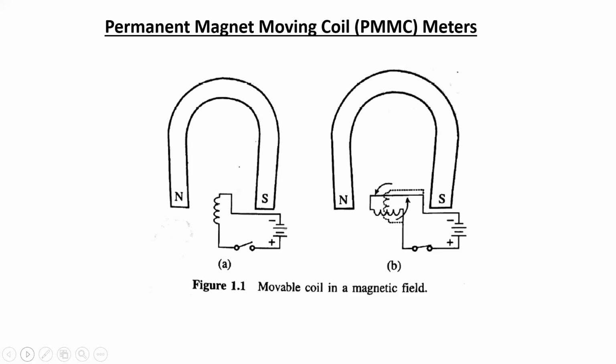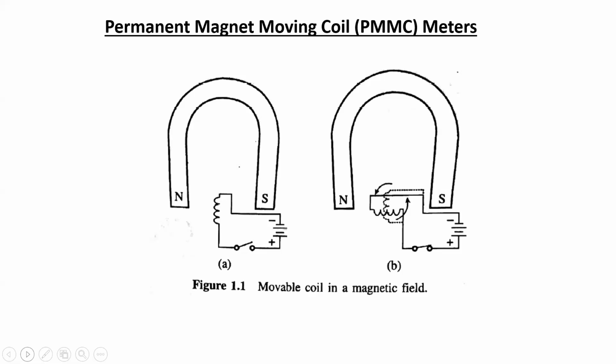This type of moving coil arrangement has two portions, like you have for the DC motor, stator portion and then rotor portion. Like here also you have a static portion in the form of a permanent magnet, and you have a moving coil that is going to result in the movement of the pointer of an analog meter.